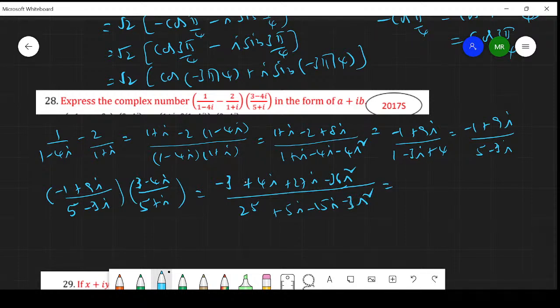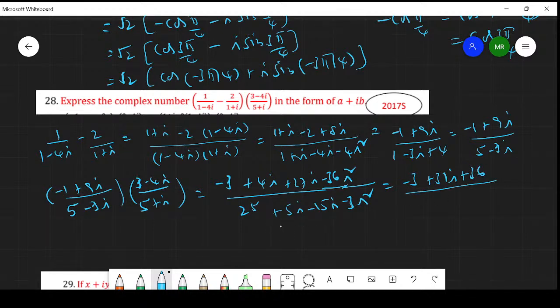Now if we simplify, minus 3, 4i, 27i, 31i. 36i square, with i square equal to minus 1, will be plus 36, minus 1 plus 36.